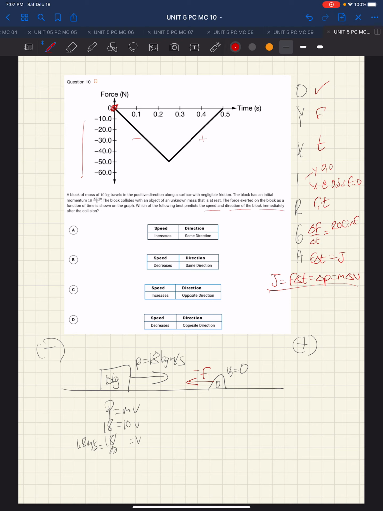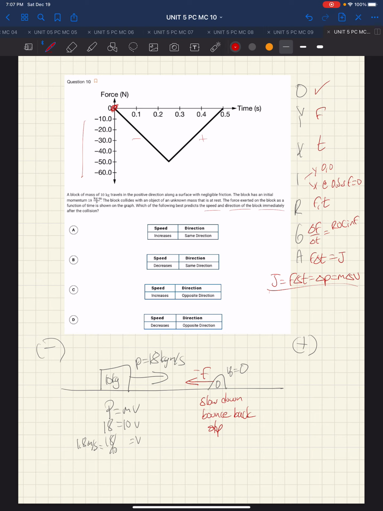So we can see when this thing is sliding along and it hits a bump or bumps into something, we would expect it to either slow down or bounce back. Or I suppose it could stop. So the force exerted is shown on the graph. Which best predicts the speed and direction of the block immediately after the collision?